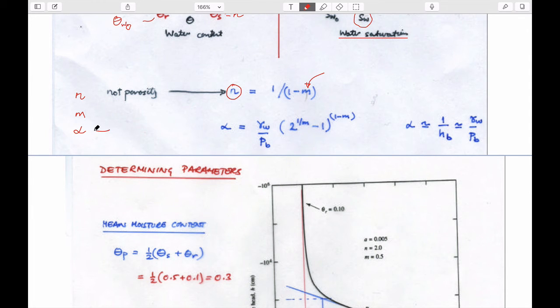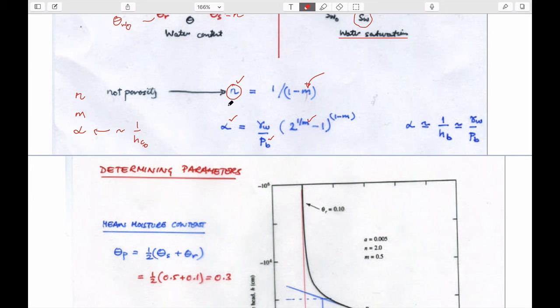Actually, this means something: this is proportional to 1 over the bubbling head, what we've called HC0. We'll talk about that in a moment. But if we know what the value of m for a particular material is, we can calculate n. If we know what m is and the bubbling pressure, we can calculate the value of alpha.